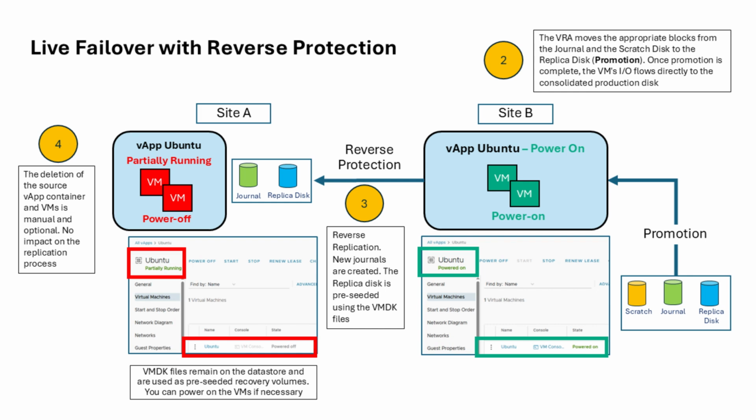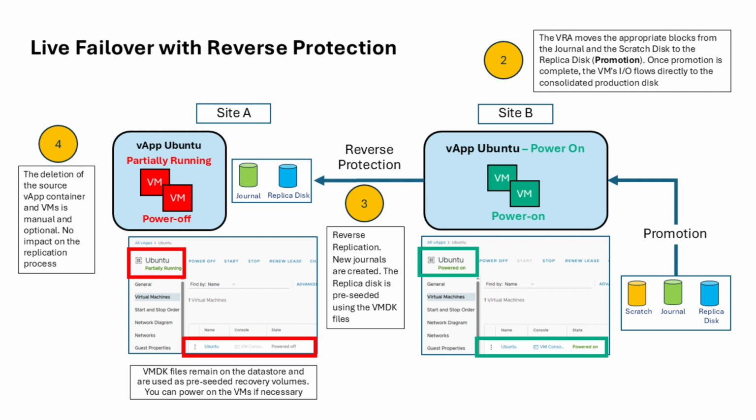The vApp showing as partially running in vCD is due to the vApp container still existing in vCD while both its child VMs are powered off. If desired, both the vApp and VMs can be deleted without impacting the replication process. Both replica and journal disks are preserved.